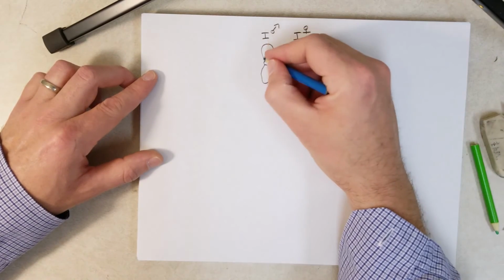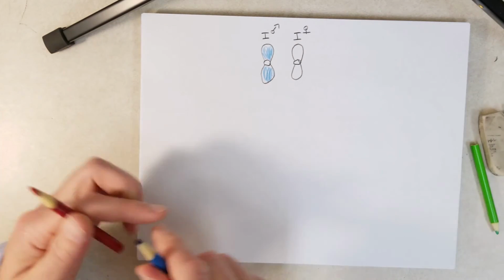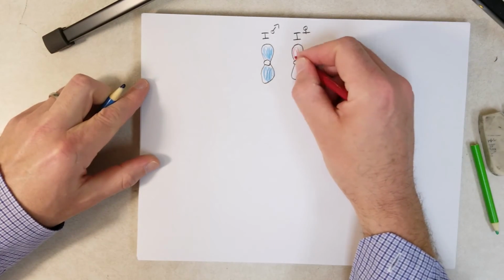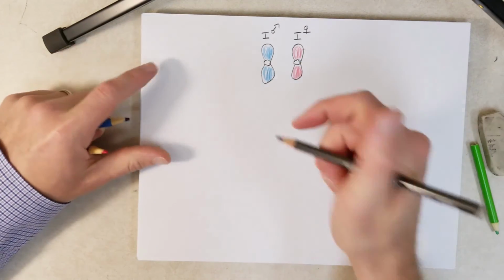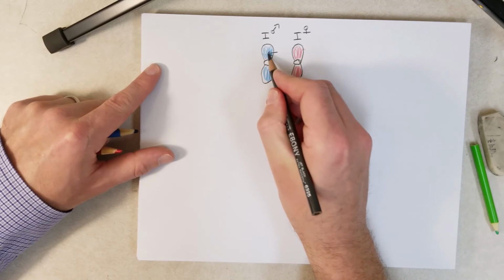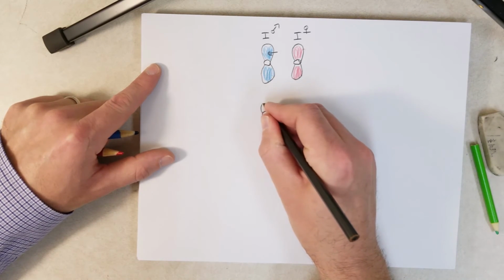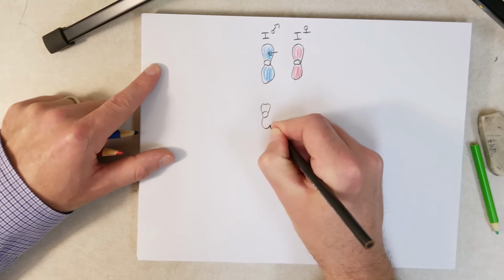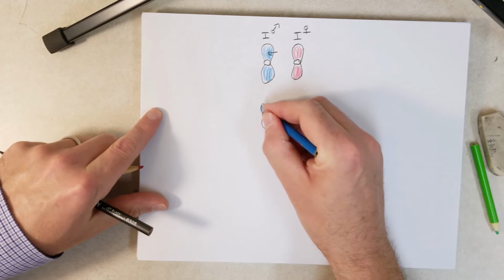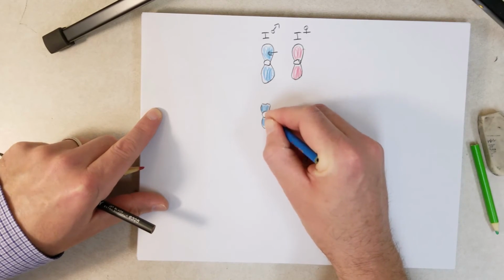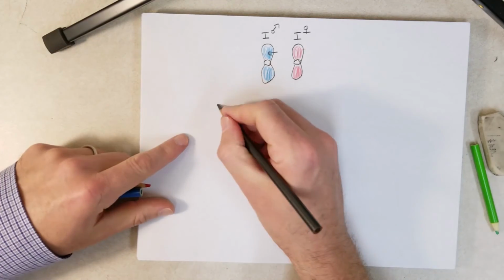I'll color this one in blue, and I'll color this one in red. Now, let's assume a double strand break happened somewhere in here. And after the double strand break, one of the DNA ends was lost. I'll put it over here. Say the cell can't find it.